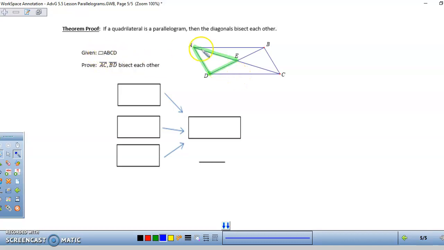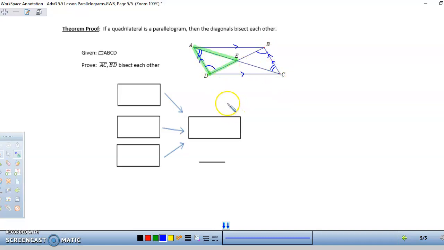So I'm given a parallelogram, so I know I have parallel sides. And with that, I can mark, again, alternate interior angles. So I'm going to do this sideways Z right here. So I know this angle is congruent to that angle. And then I'm going to do the Z going sort of the other direction this way. So I know this angle is congruent to this angle.